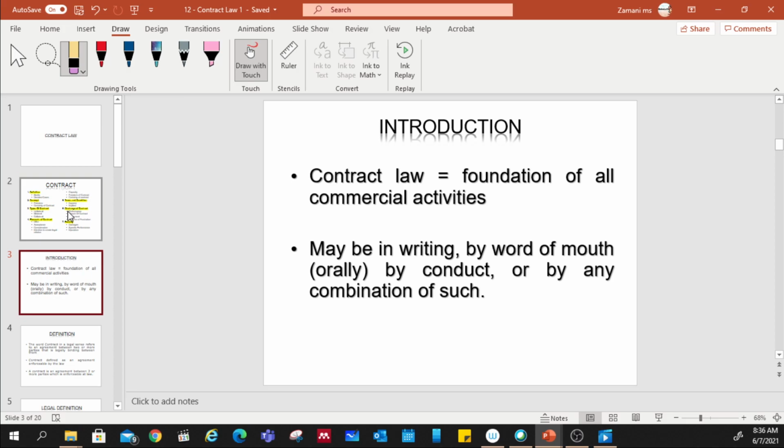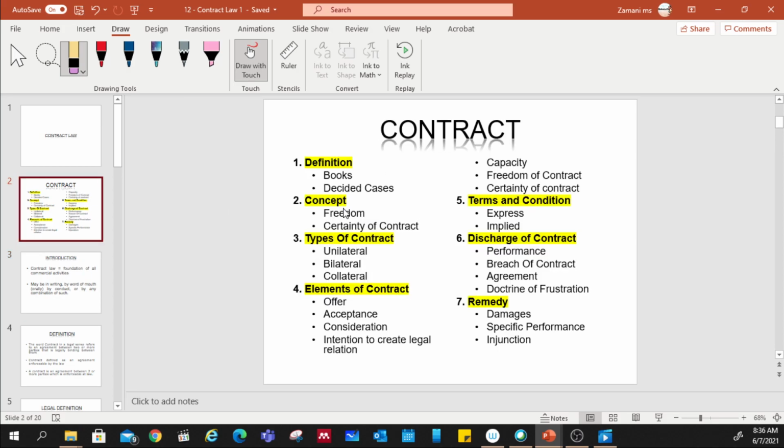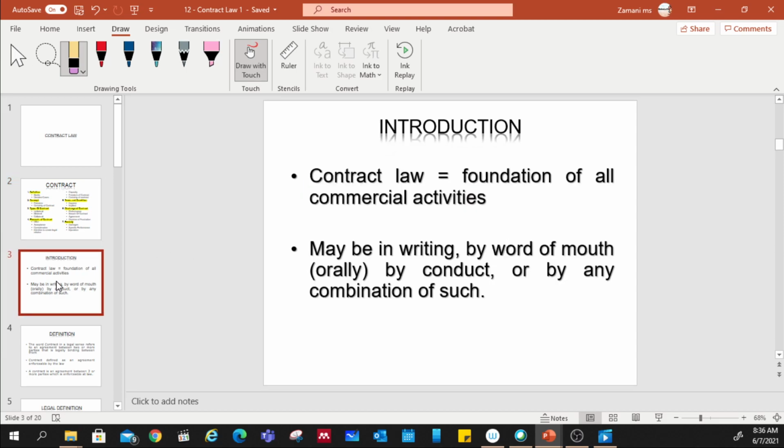In this chapter we are going to learn about the definitions, the concept, the types of contracts, and the elements of it. The whole chapter on contract covers three slides: the terms and conditions, the discharge of contract, and remedy. We're going to touch on this first. So what is a contract?